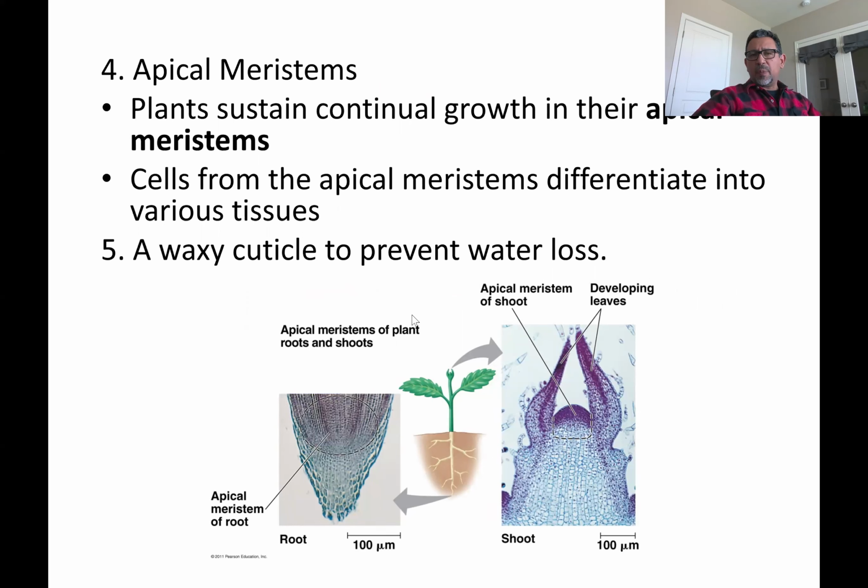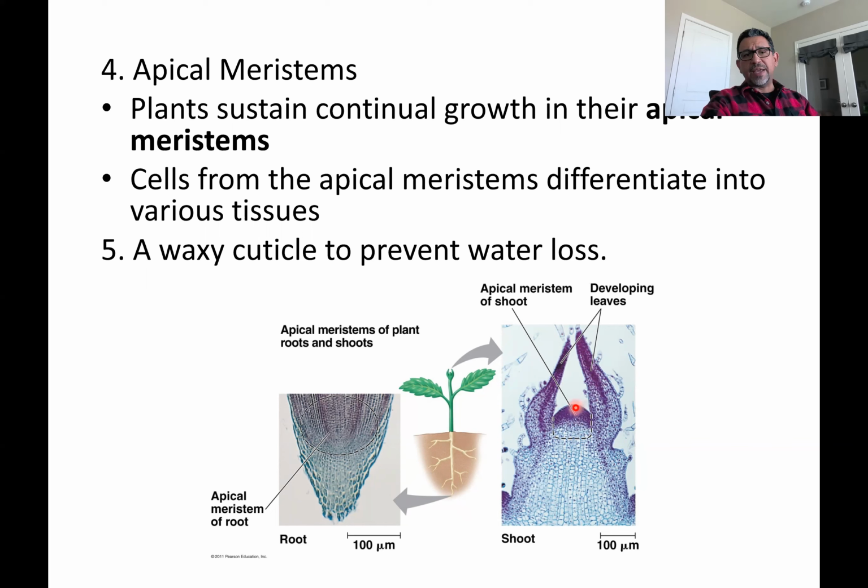And a couple more characteristics of plants to wrap up this presentation. Apical meristems are specialized tissues in a plant that are responsible for growth. You can find apical meristem at the very tip of the plant where new leaves are forming.